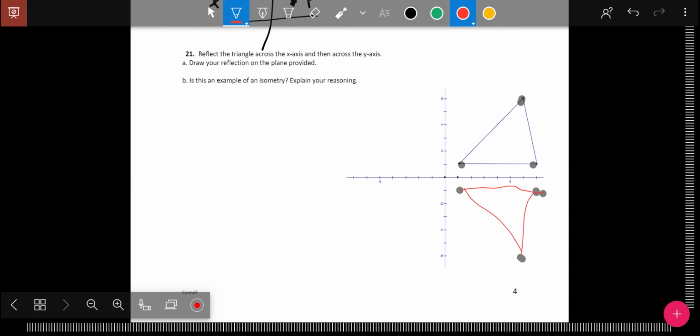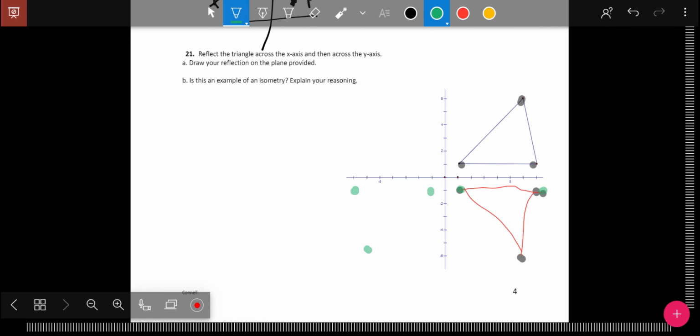Now I'm going to flip it over across the y-axis. And so this is 1 to the right. So now it's 1 to the left. This is 7 to the right. And so now it's going to go 7 to the left. This is 6 to the right. And so now it's going to go 6 to the left.